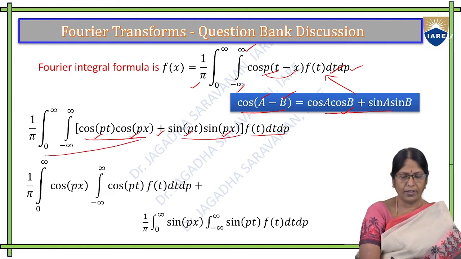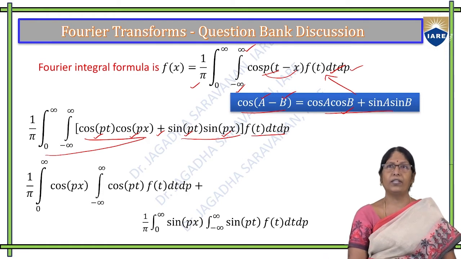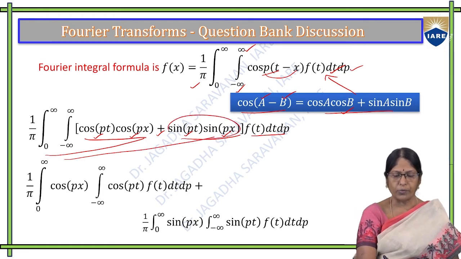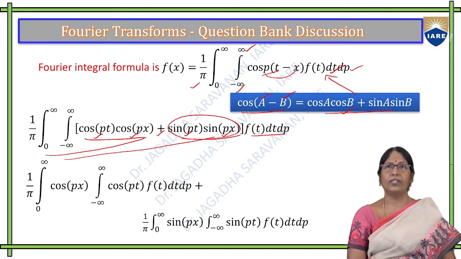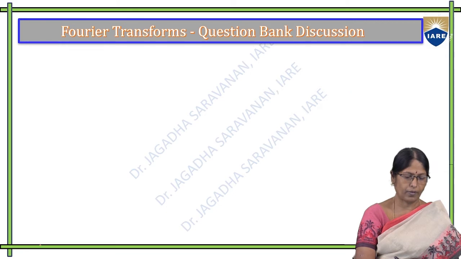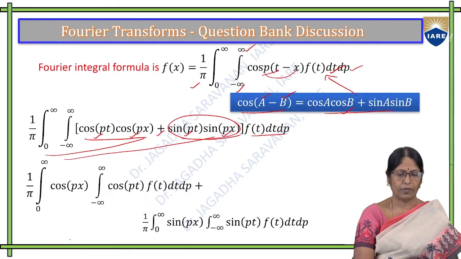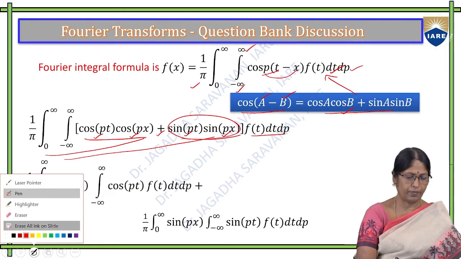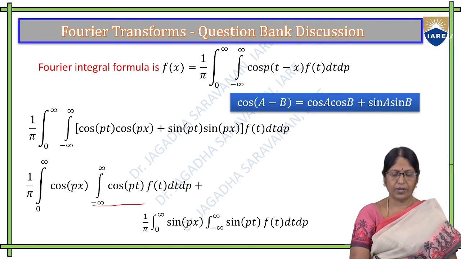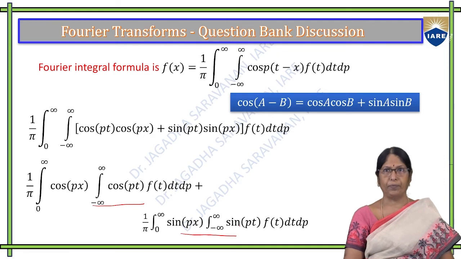So completely, one is f(t) dt dp, and the second, which I am circling, is also f(t) dt dp. So now we have the first integral and the second integral.